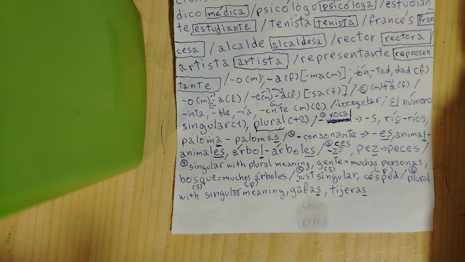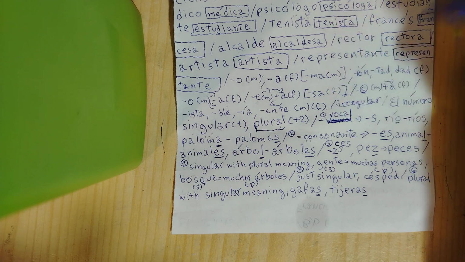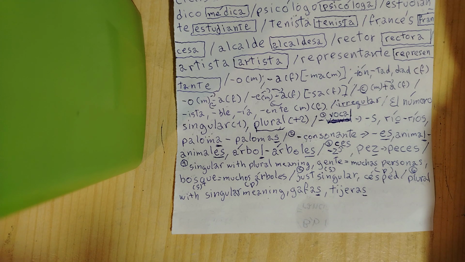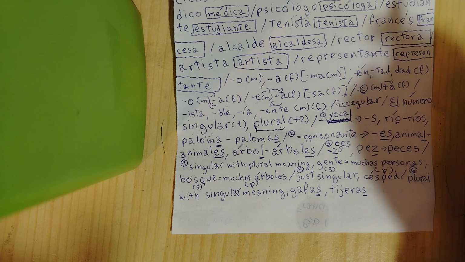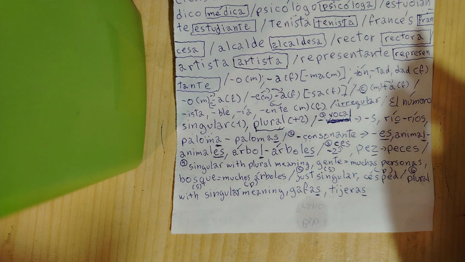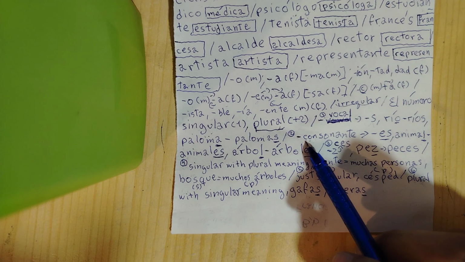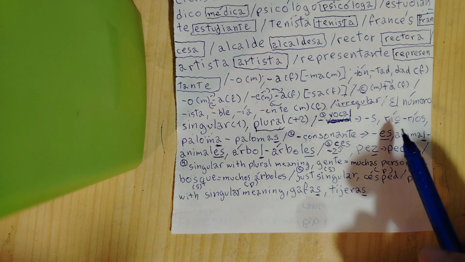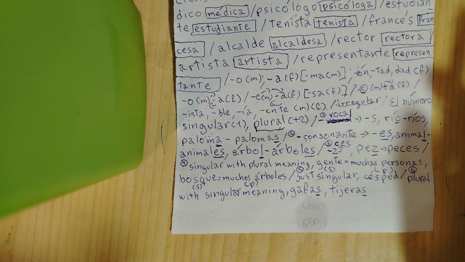those are the rules. I hope you know now those rules, because I do. Now I do. So first, if it ends with a vowel, you add an s. If the noun ends with a consonant, you add an es.